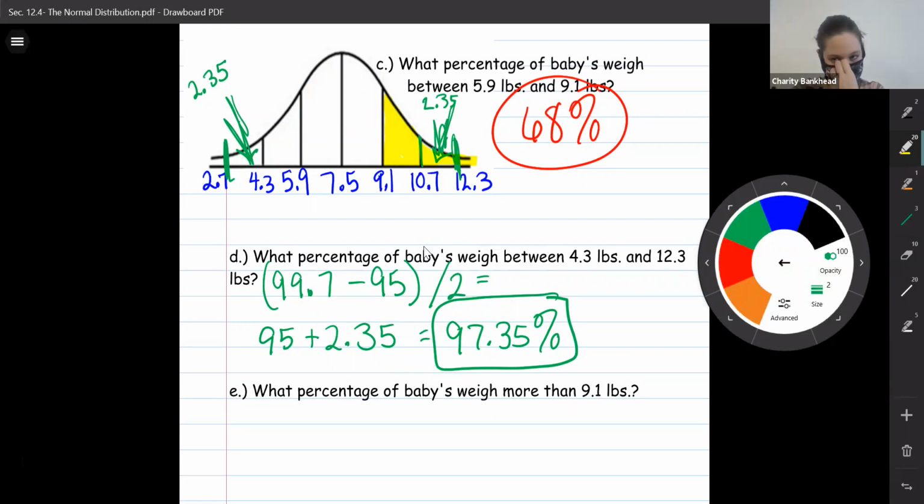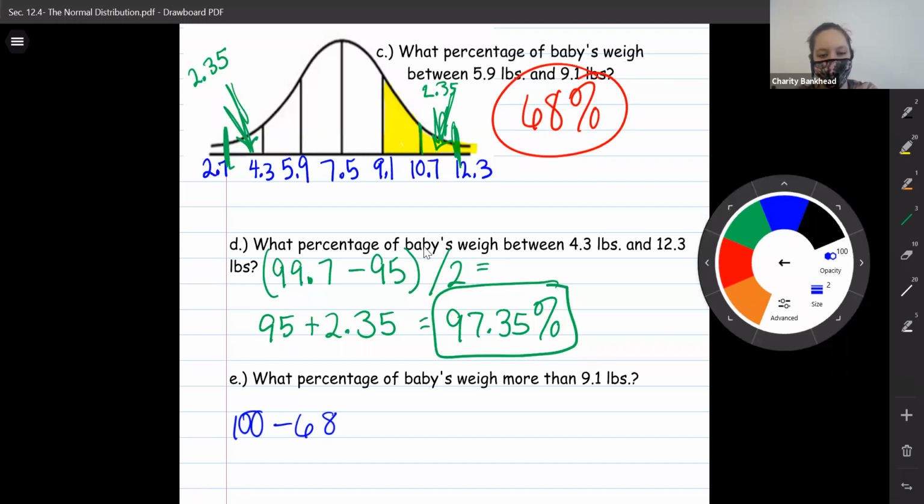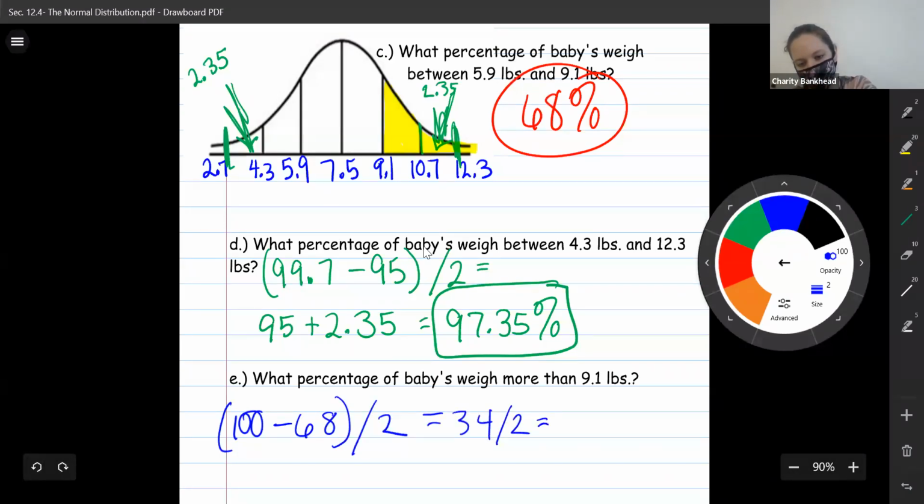I think one way we could do that is we could take 100% minus 68, and that would include all of that region that I just highlighted, plus the matching amount on the other side, right? But then divide that by 2. So that would be 34 divided by 2 would be 17%.